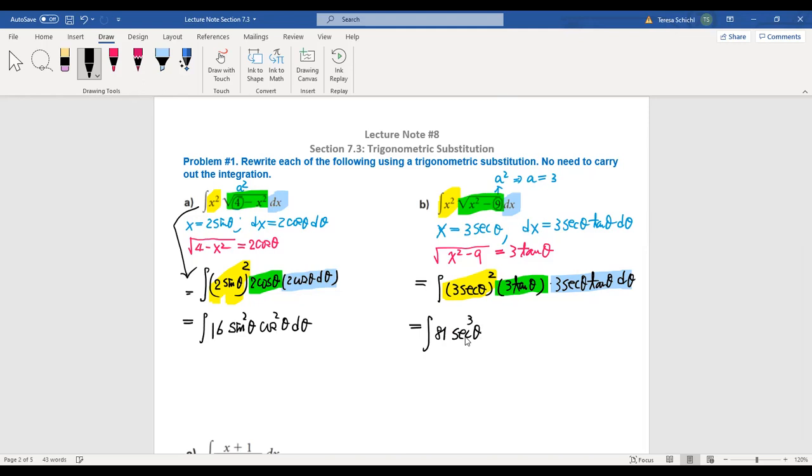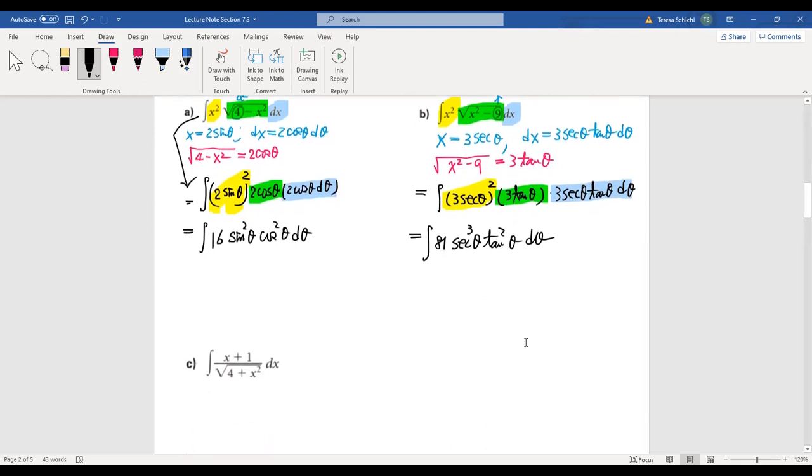Then I have a tangent square theta, right? So now, just like the first one, I change this into a trig integration. Now, because the second is an odd number, maybe we can take one secant tangent out, just like the technique we learned from how to do the trig integration.